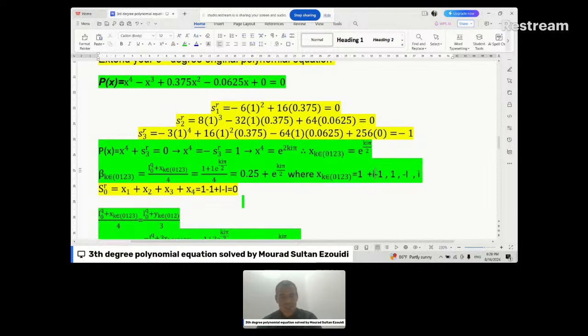Then when k equals 2, it will be minus 1. And when k equals 3, it will be negative i. Therefore, these are the four x roots of your new fourth degree equation.